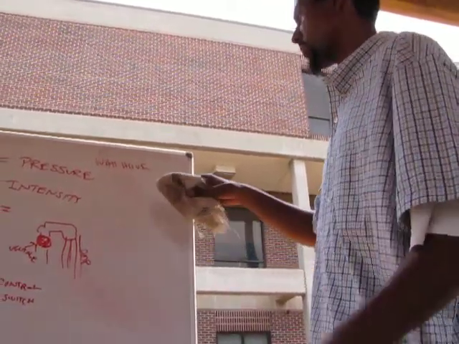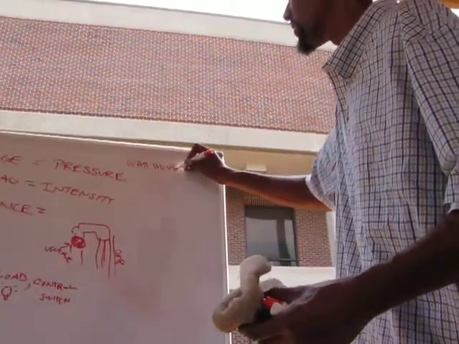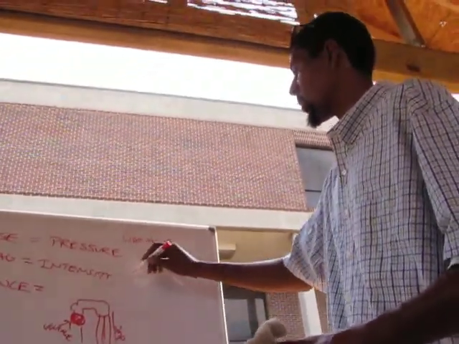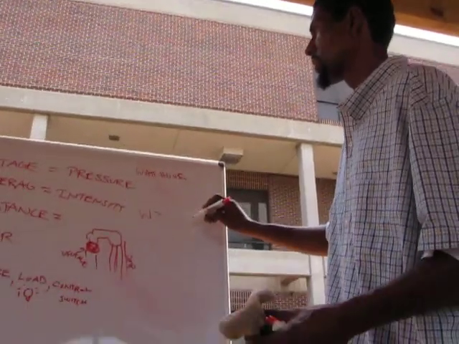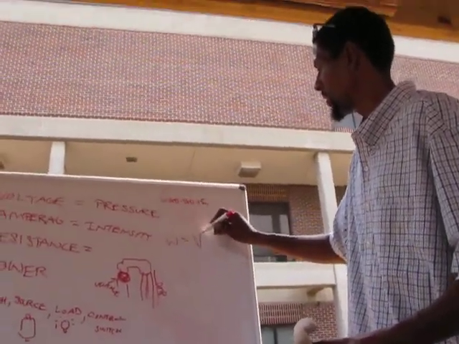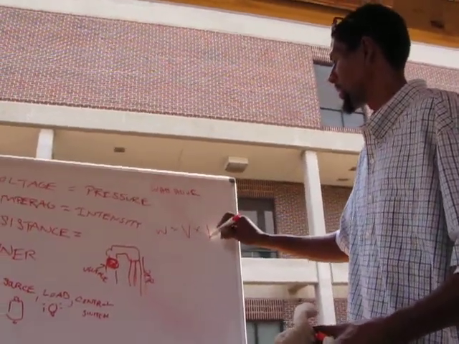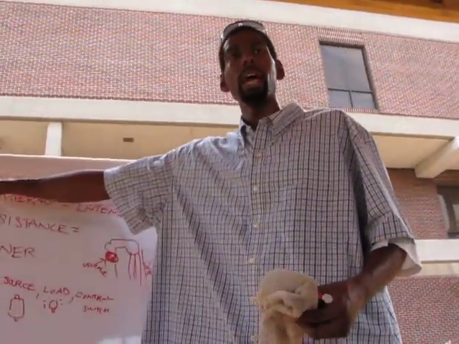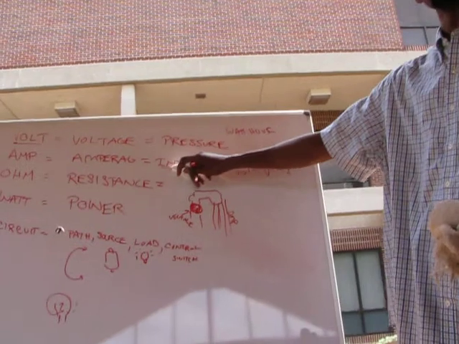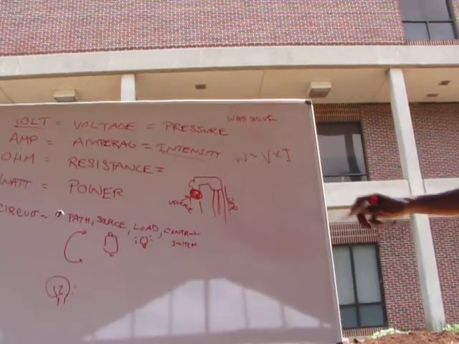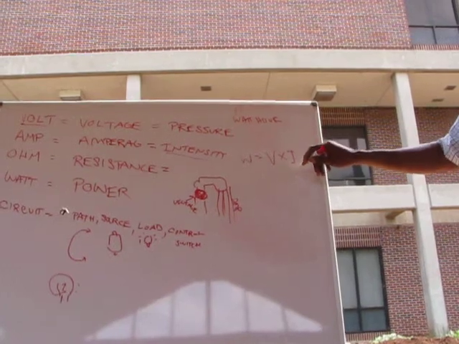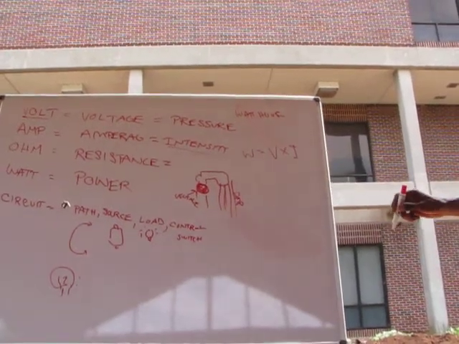Okay, now there are some equations that are good to remember. Watts equals, and I is used for amps, intensity. Power equals volts times current.